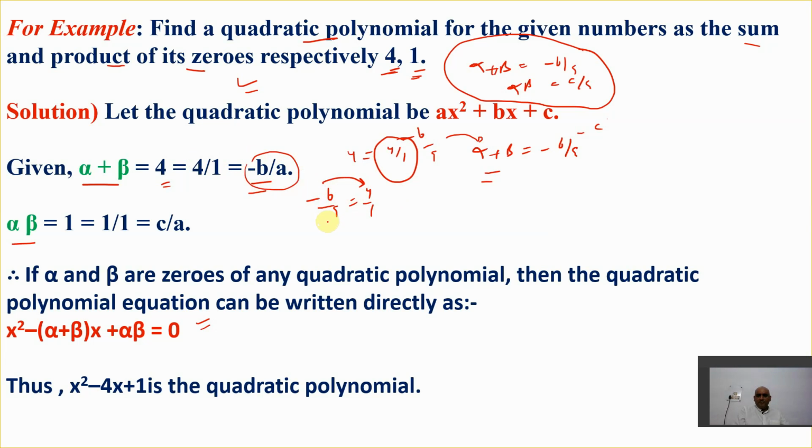Understand one thing: this is actually not simply a 4, because it is minus b by a. Here, this is a, and a becomes 1, and b is actually -4. Why is it -4? You can say that you just chose b as 4, so how can you take b as -4? Because this is minus b by a.